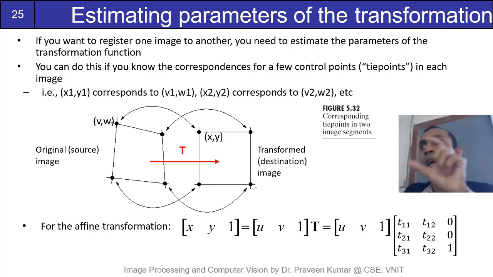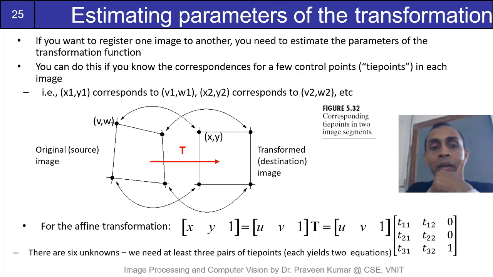Once we have these corresponding pairs of points, we can estimate our transformation matrix by solving simple mathematical equations. How will we do that? As we said, our affine transformation matrix will have a representation with 6 unknowns. We want to estimate these 6 unknowns in our transformation matrix.